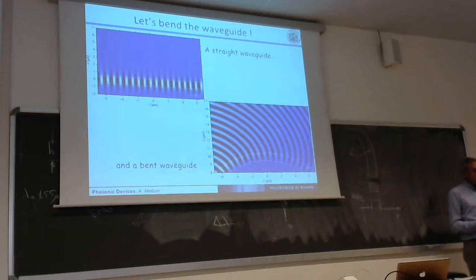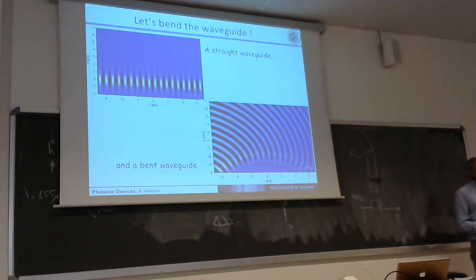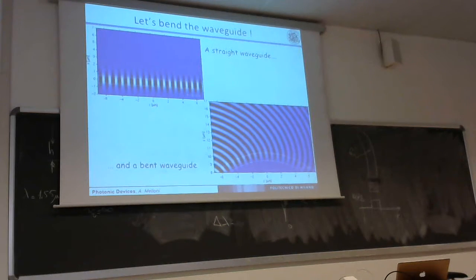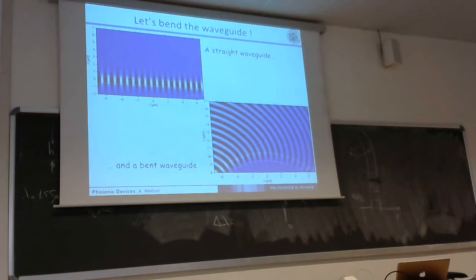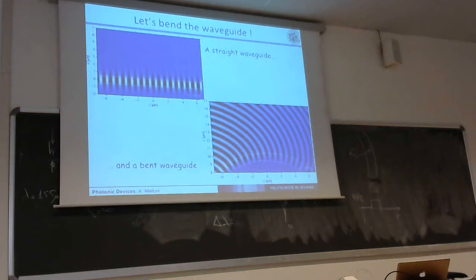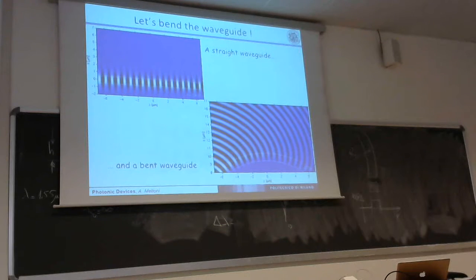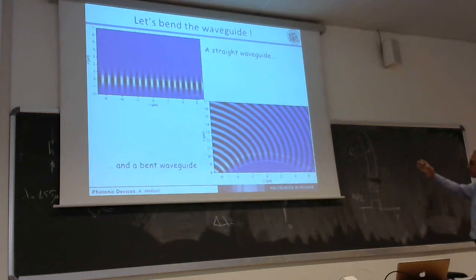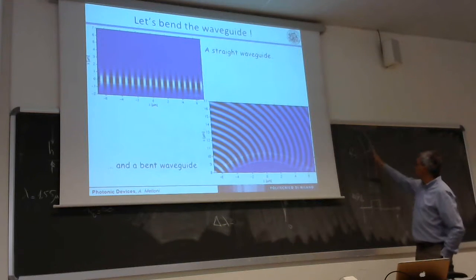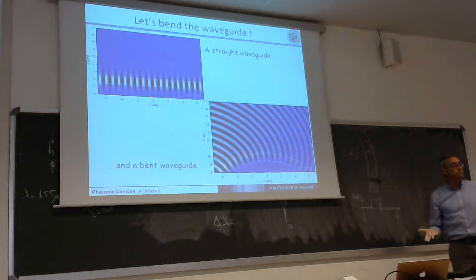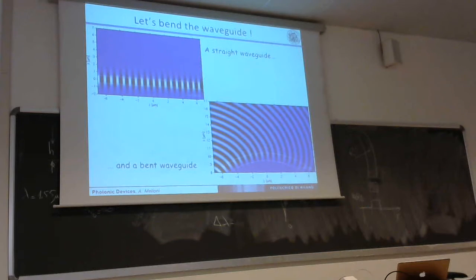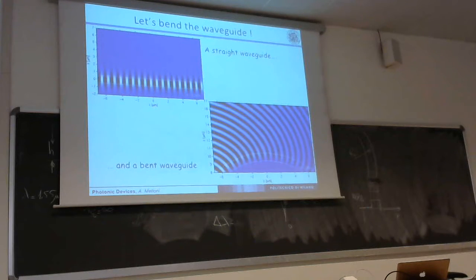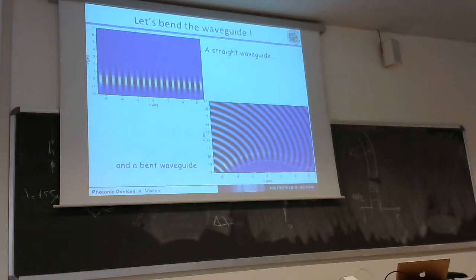So the geometry changes. It is no more a rectangular coordinate system. It is no more Cartesian, but a cylindrical coordinate system. Assume a constant bending radius, so this is a cylindrical system. So I have to use the wave equation in cylindrical coordinates.